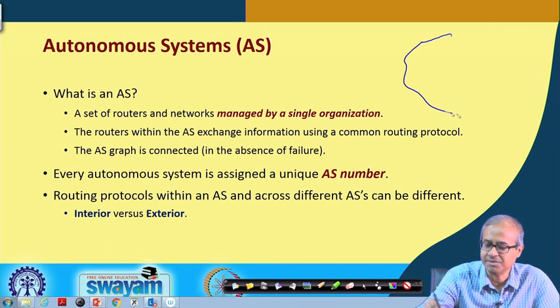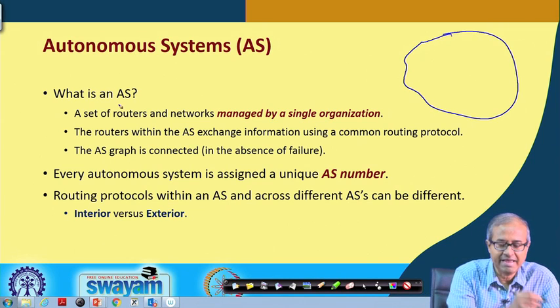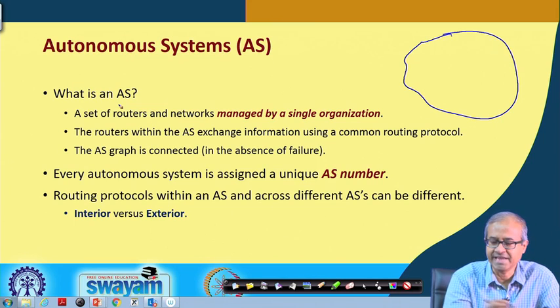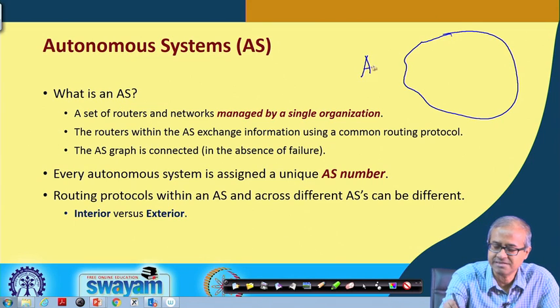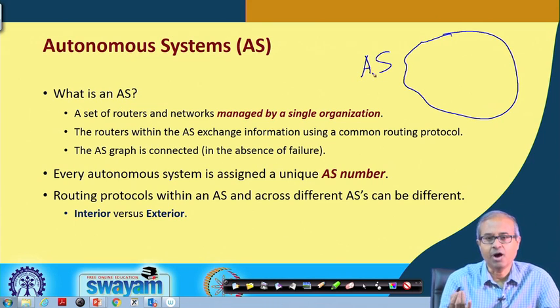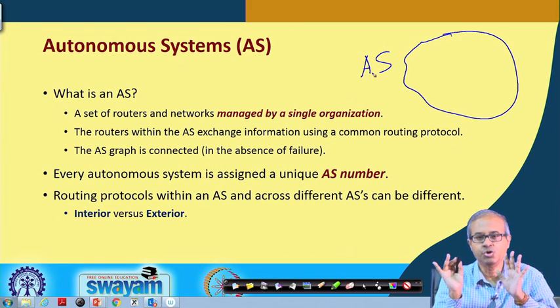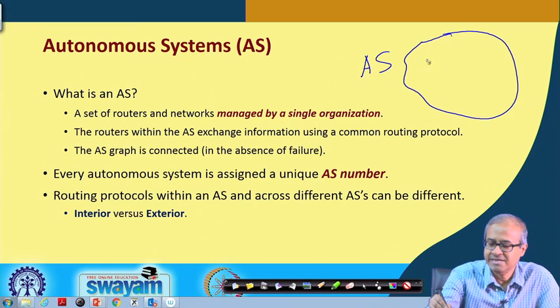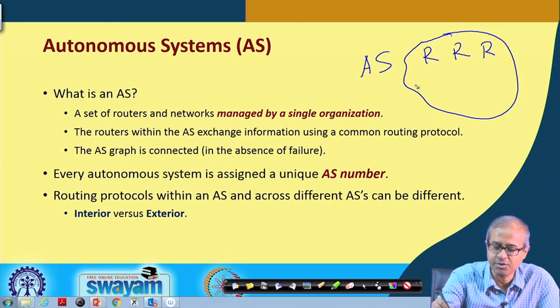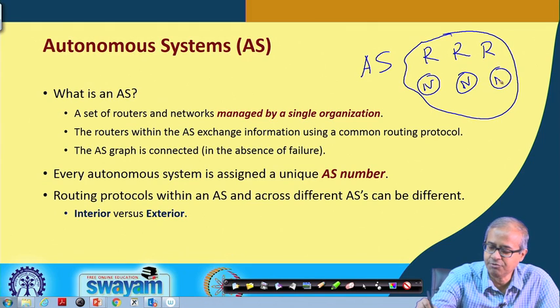So, that imaginary boundary is an autonomous system, or in short AS. And how do we define an AS? An AS is loosely defined as follows. Inside this there can be many routers, many hosts, and multiple networks, not a single network, and obviously a large number of computers.